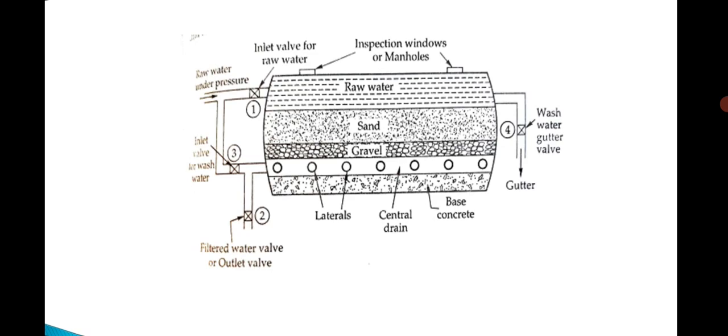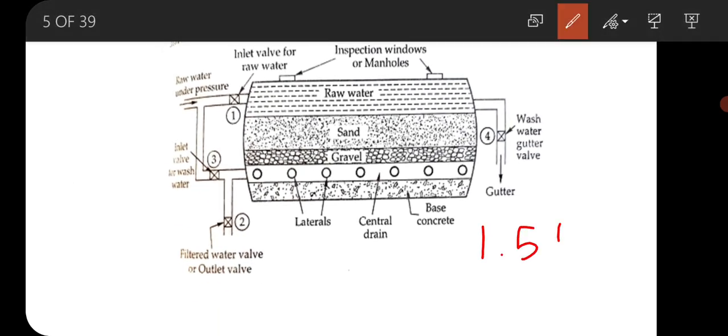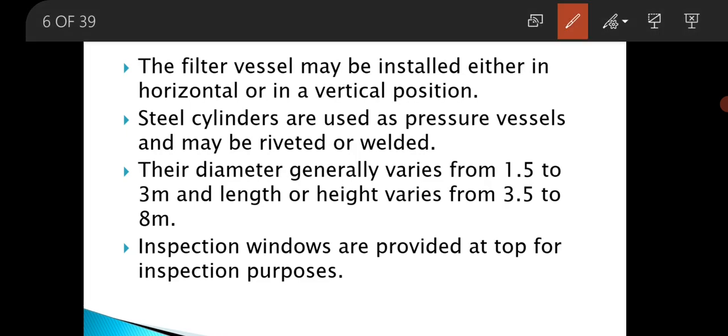Here these pressure vessels are constructed of steel cylinders and may be riveted or welded, and the diameter generally varies between 1.5 to 3 meter, and its length or height varies from 3.5 to 8 meter.